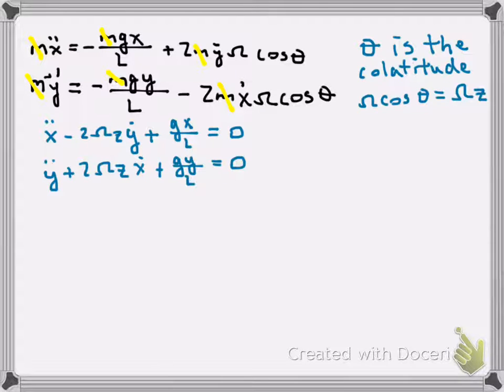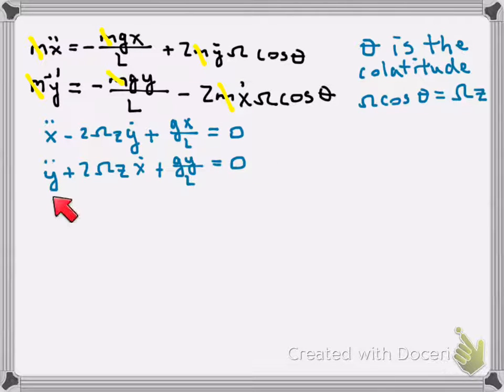And doing so, 2 y dot omega cosine theta becomes, when I move it over to the left-hand side of the equation, minus 2 omega z y dot. And I am also moving over the minus gx over L to the other side of the equation. So that becomes plus gx over L. And so now, since everything's been moved over to the left, all of that's equal to 0.